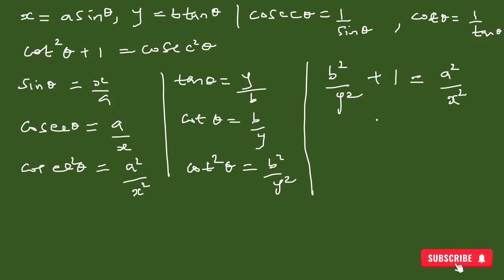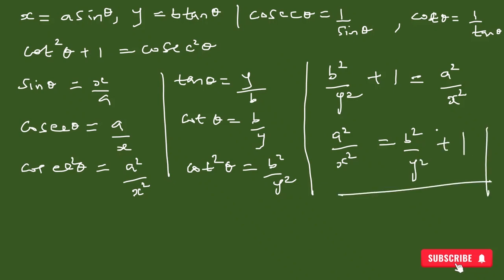So we've succeeded in eliminating theta, which was the question. Maybe we just need to rearrange: a squared over x squared equals b squared over y squared plus 1. That is it.